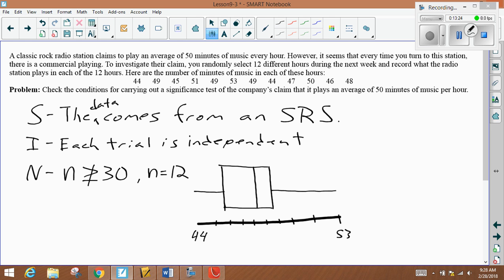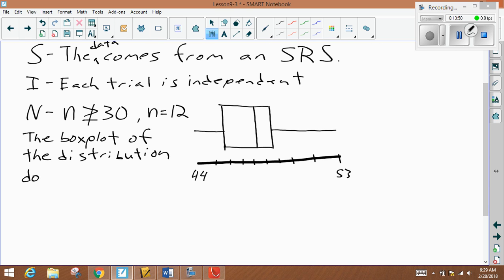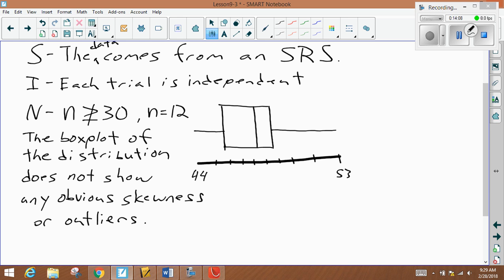Cool. The box plot of the distribution does not show any obvious skewness or outliers. We will assume normality. Okay.